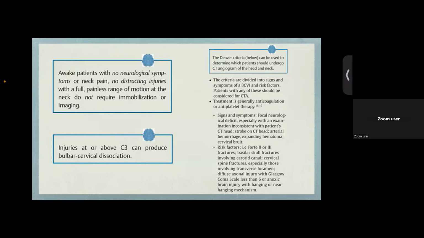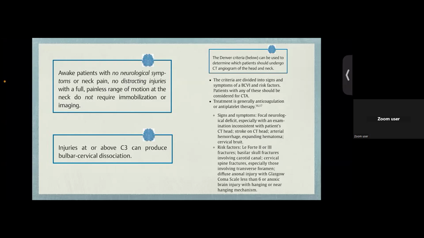So this is also another criteria that can be used for evaluating patients that should undergo a CT angiogram, because as we went over previously, the vertebral arteries are very closely associated with the C-spine and therefore can be injured in these types of high-energy traumatic injuries. So we need to be aware of when we need to evaluate patients more thoroughly in this regard.